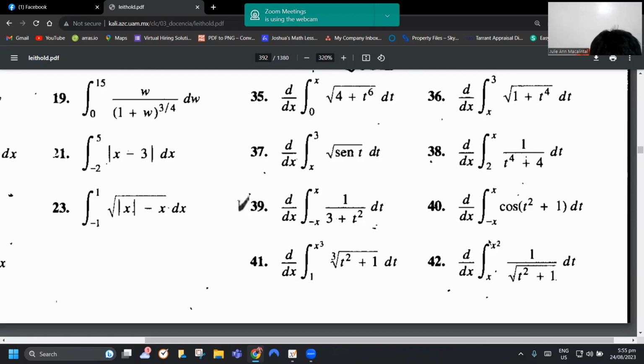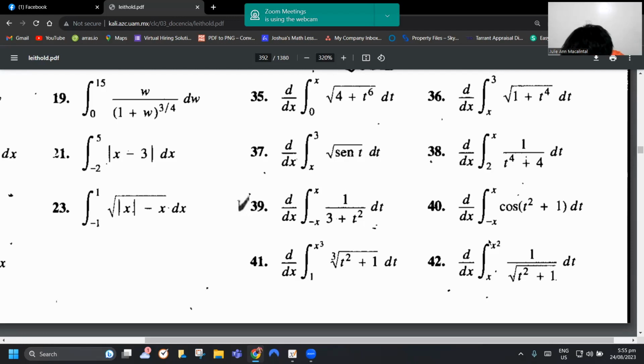Kung gagawin mo lahat ng cases, matrabaho. Kasi hindi pa namin pinag-aralan in detail yung definite integral, meron na tayong ginagamit na intuition about the area. Okay, so 43, no? Sige.